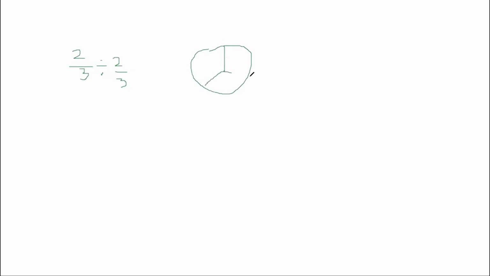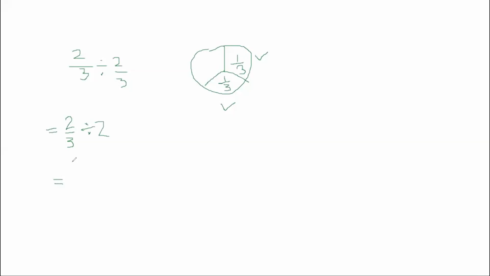And this is the 2/3 plate where you have to put 2/3. So step 1, you need to divide 2/3 by 2. So when you do that, you will get 1/3 for each, right?